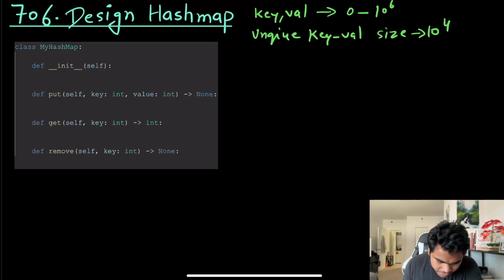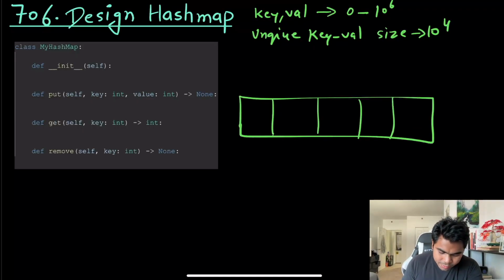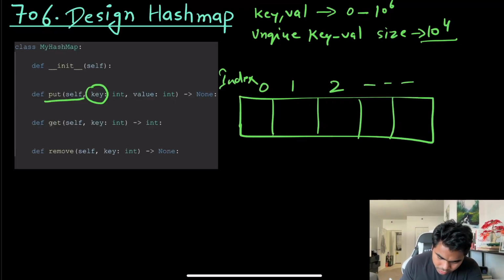If they're asking us to create the map, I would create this list, and this list will be the size of the hash map they're asking for. Initially it could be just 10 to the power 4, but when they ask us to put the keys, I can use the key as the index, so these indexes 0, 1, 2, I could use as keys, and then the value can go right here.